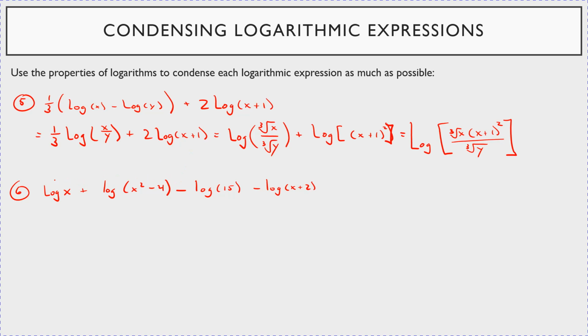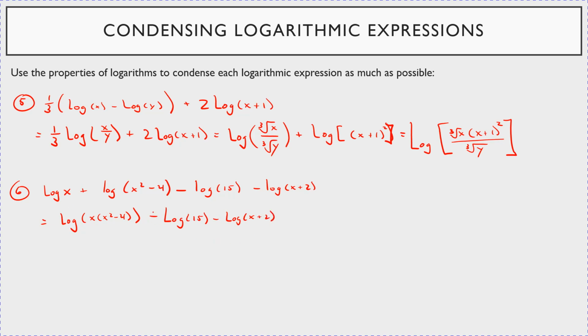Work left to right, left to right. So first, combine these using the product rule. So this is log of x times x squared minus 4, minus log of 15, minus log of x plus 2.